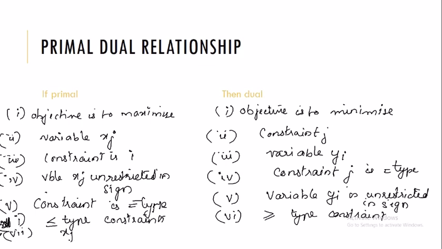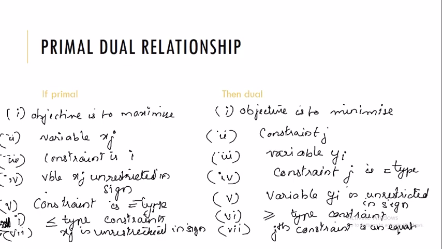If xj is unrestricted in sign, then the jth constraint is an equation. Okay, so just take a pause and read this relationship. We'll move on to a problem right now.